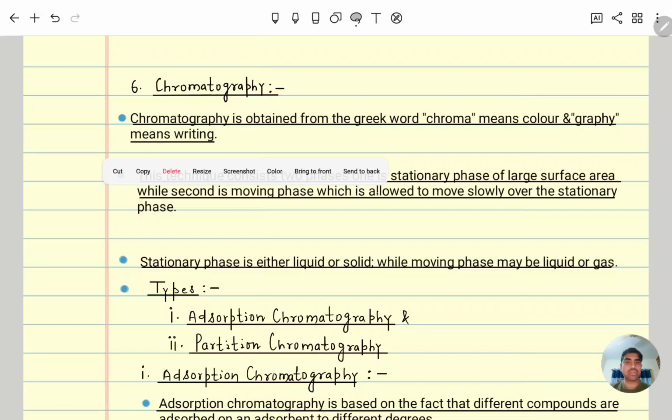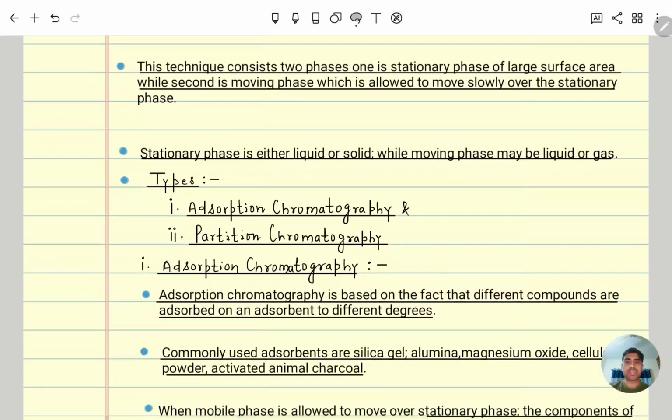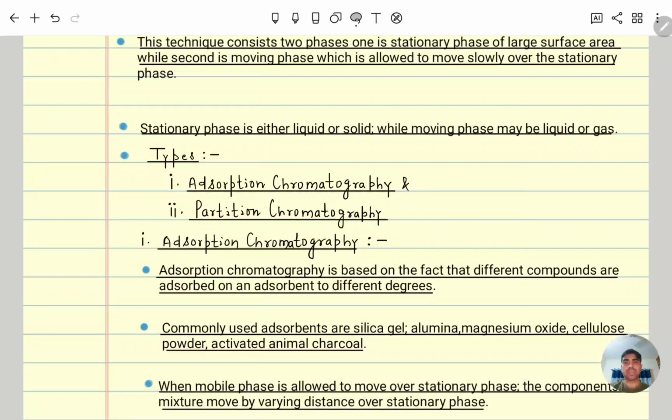This technique consists of two phases. One is a stationary phase, which has a large surface area, and the second is the moving phase, which is allowed to move slowly on the stationary phase. The stationary phase will be either solid or liquid, and the moving phase will be liquid or gas. There are two types of chromatography: one is adsorption and one is partition.